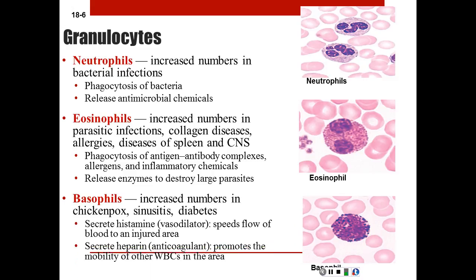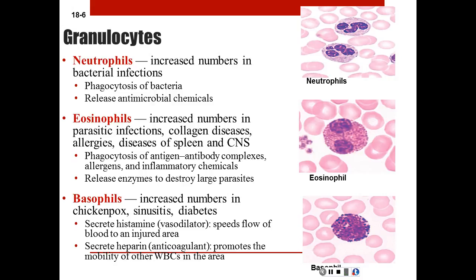The third one is our basophils, and they are the rarest of the white blood cells and of all the formed elements. They only constitute about 0.5% to 1% of the white blood cell total, typically numbering about 40 cells per microliter. Now, they contain an abundance of very coarse, dark violet specific granules that hide the nucleus, which is large, pale, and typically S or U shaped.